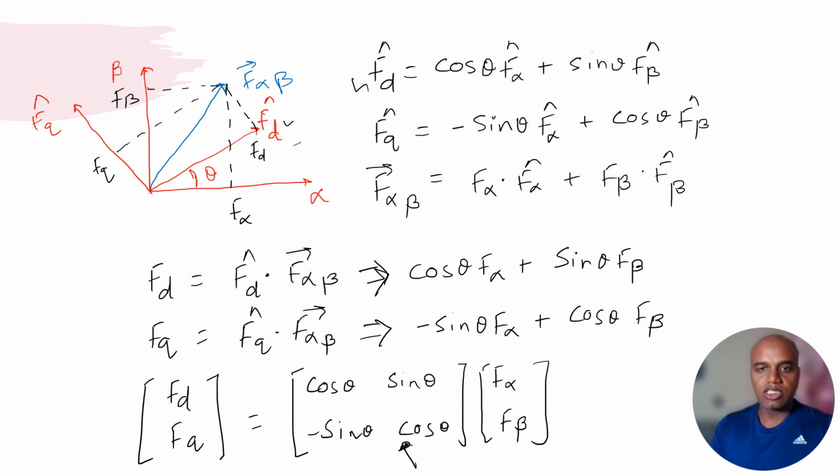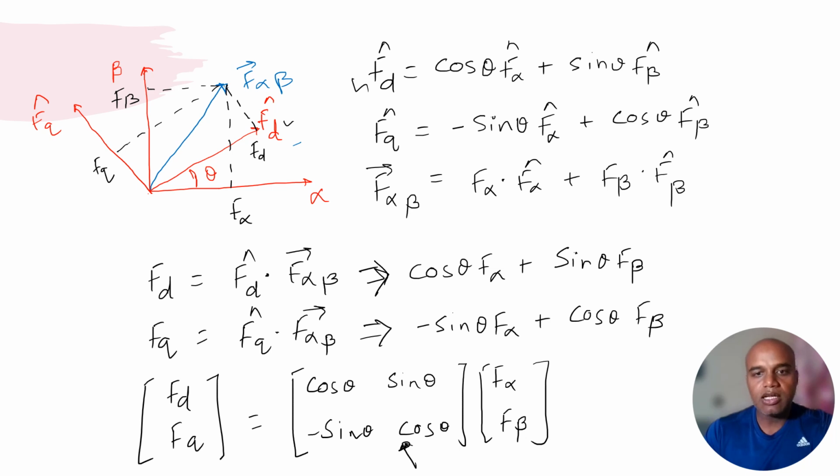This matrix is known as my Park transformation matrix. To have the FOC control, first we need to get the feedback from my motor, whether it is current or voltage. Let's say I'm taking the current control. I will take the three-phase current feedback from my motor and perform the Clarke transformation, which will convert it into the alpha beta reference frame.